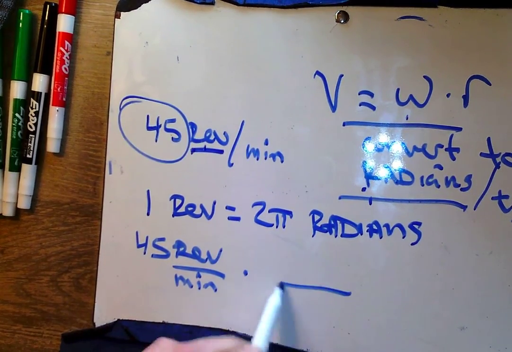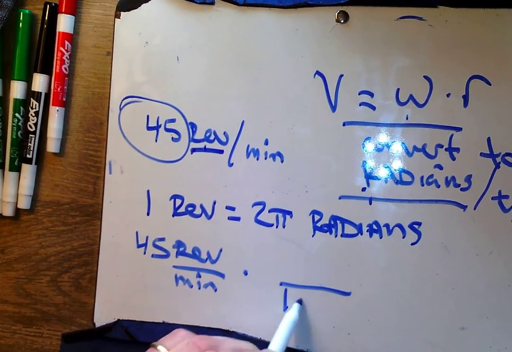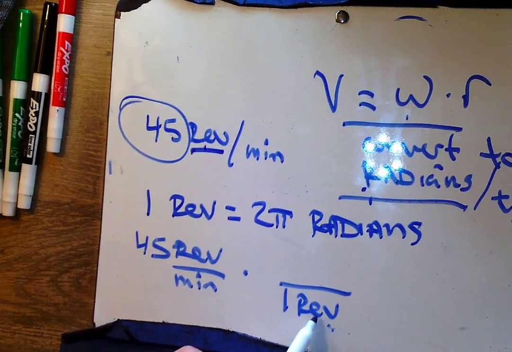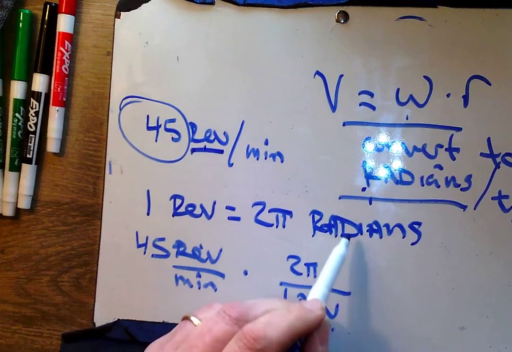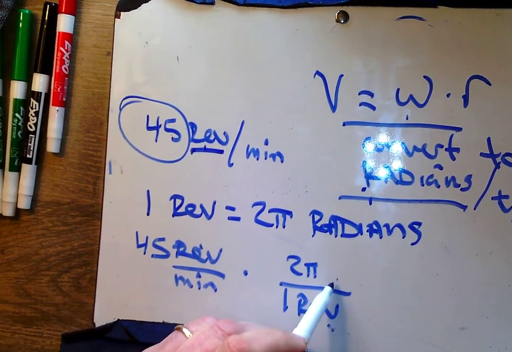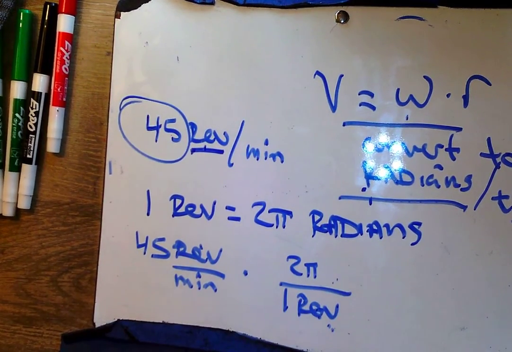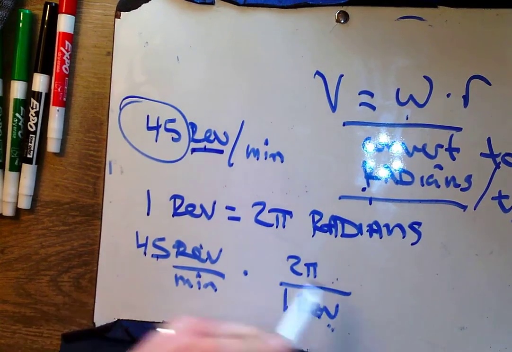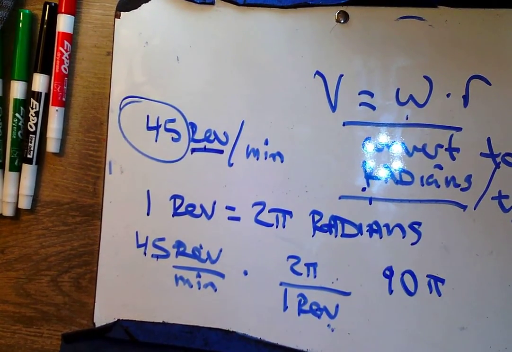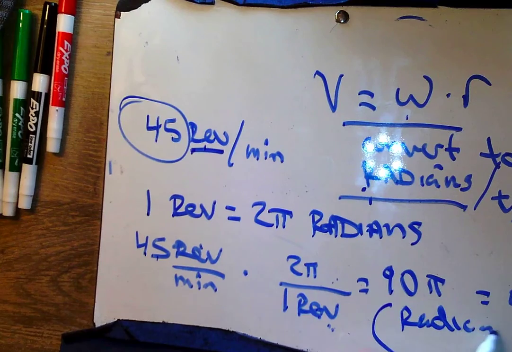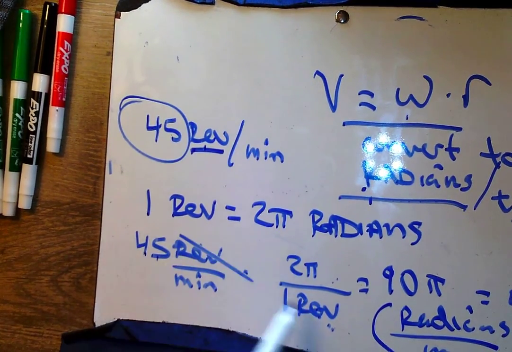So if I'm told I'm going 45 revolutions a minute, I want to multiply by 1 revolution. I know it goes on the bottom because these need to cancel, over 2 pi. You could put radians there, but I don't need to because radians is the more common unit of measure. And so I end up with 90 pi as my angular velocity, and these would be radians per minute, because those are canceling.